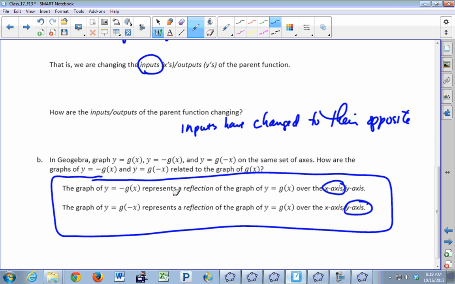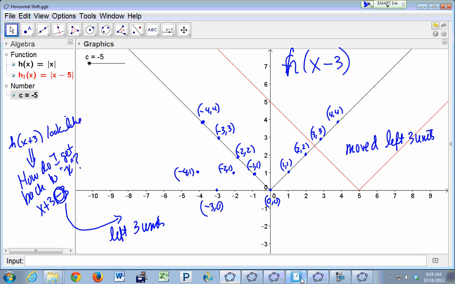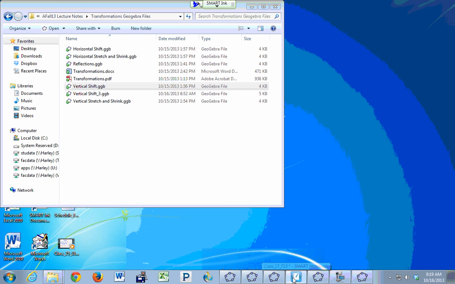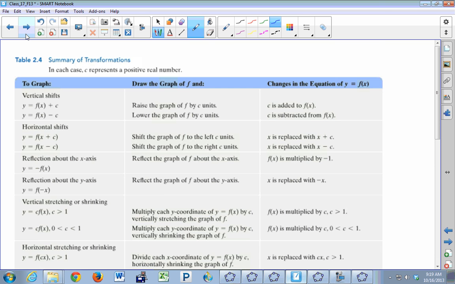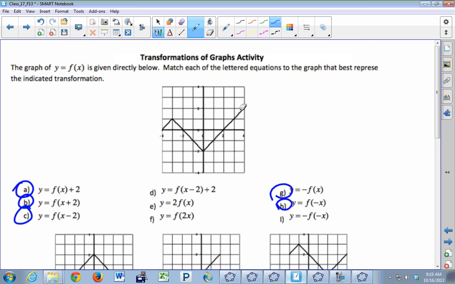All right, so what I'd like you to do now, I want to take a little bit of a break, and I want you to go to your Smart Notebook, and I want you to try A, B, C, G, and H. So here's your parent function right here.